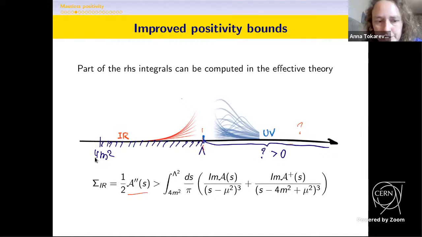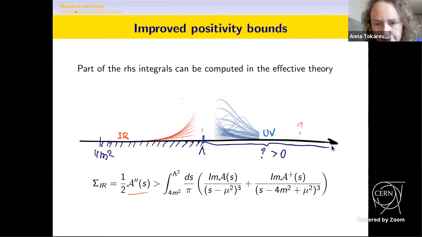We can compute its part from four m squared to lambda. And write that the second derivative of the amplitude has to be larger than something which can be computed in any particular theory, because A of S is something that can be computed until some energy, until which the low energy theory works.